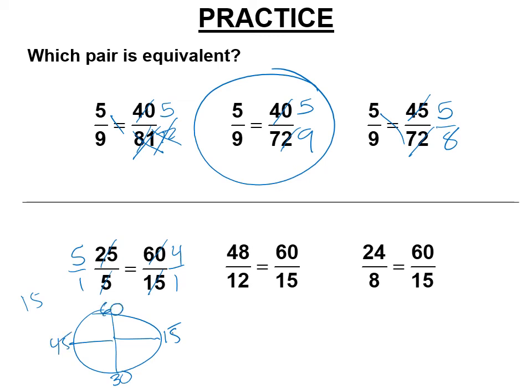So 15 times 1 is 15, 15 times 2 is 30, 15 times 3 is 45, and 15 times 4 is 60. So this is 5 equals 4. That's not equivalent. This one, 12 goes into 48. That's 4. And we just said this is 4.